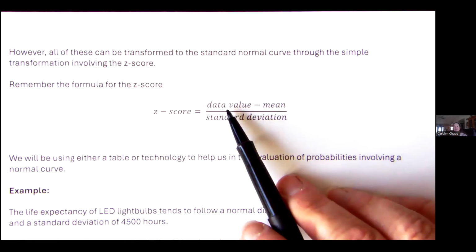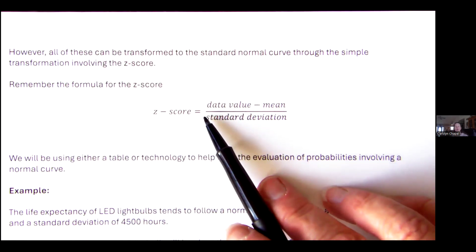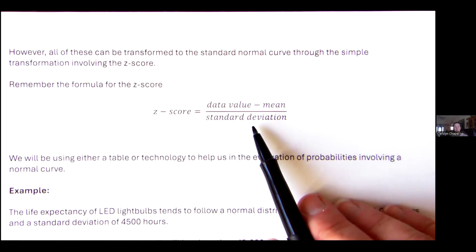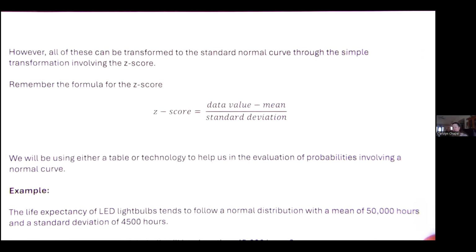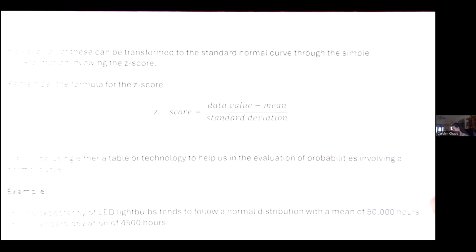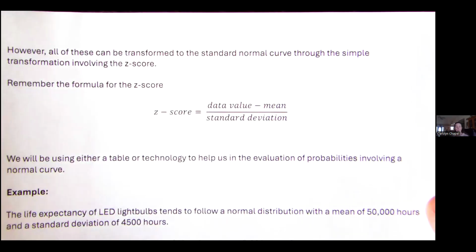So you would be calculating this z-score over and over and over again. And it is your data value minus your mean all over your standard deviation. So you can use tables and technology either to find these. I will be using SALT to help us do that.